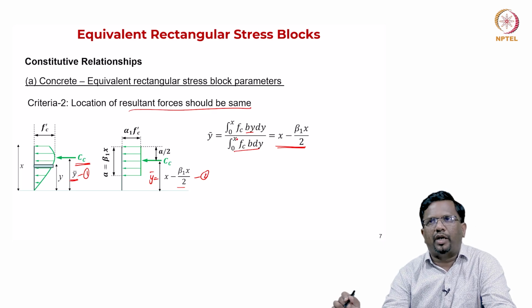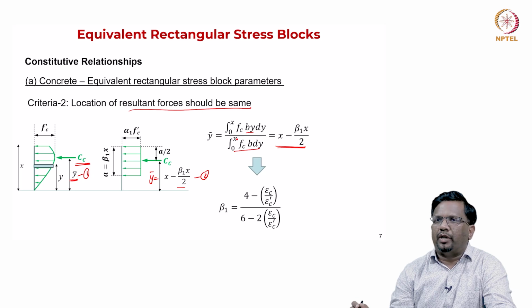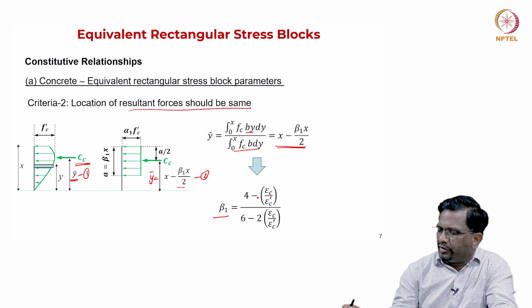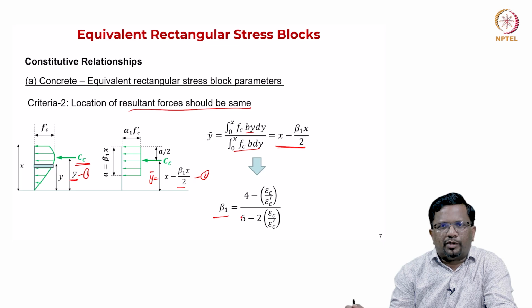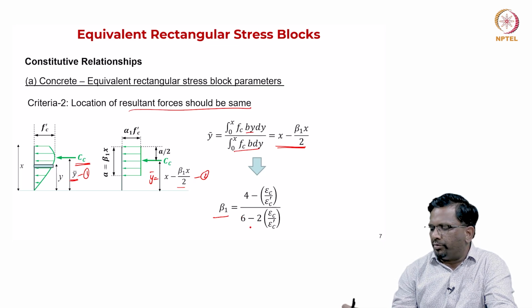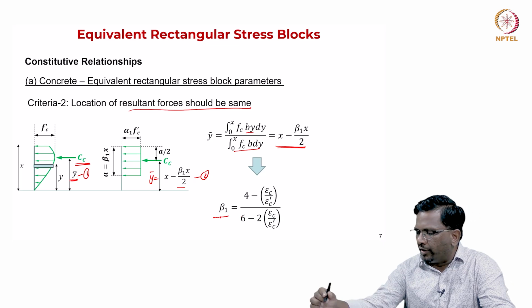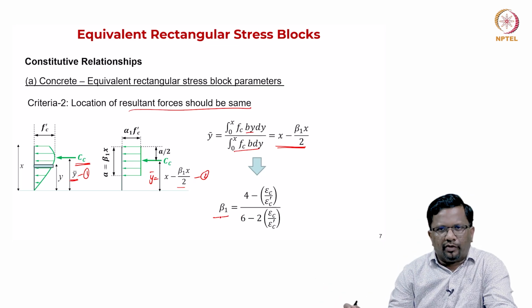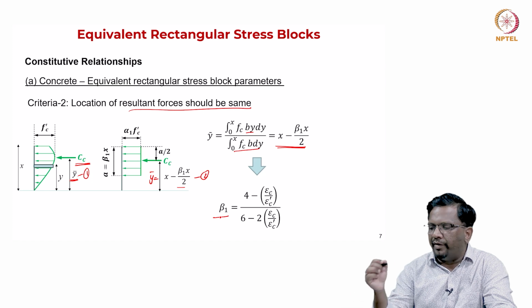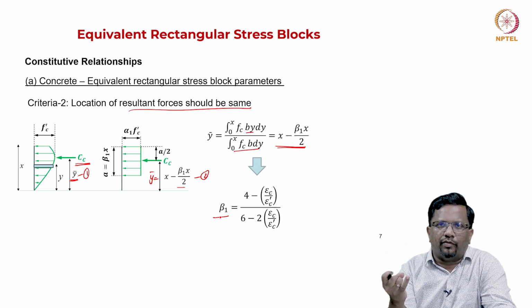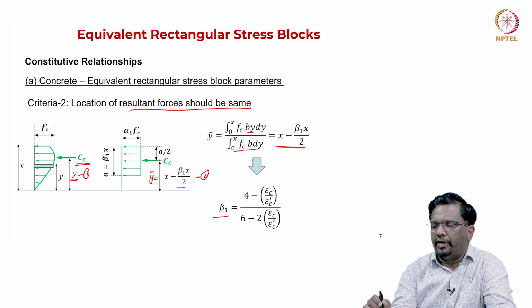When you do the simplification, you get another expression for beta 1, which is 4 minus epsilon c by epsilon prime c divided by 6 minus 2 into epsilon c by epsilon prime c. Now, you see we got two equations. First I calculate beta 1, then from the first equation I plug in the value for beta 1 and get the value for alpha 1. So, for any given strain epsilon c, I can find alpha 1 and beta 1. The moment I get alpha 1 and beta 1, I can calculate my C c and also the location of my C c.